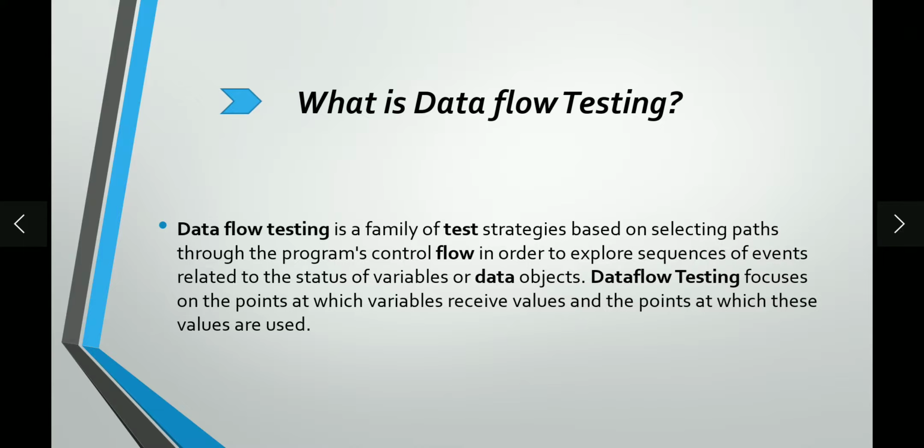Mainly, data flow testing focuses on points at which a variable receives values and the points at which these values are used. In programming, we declare variables through which the data is stored, and if we want to use the results, we have to declare them first and then use them. This is also the same process.